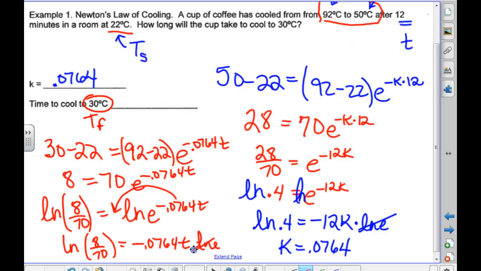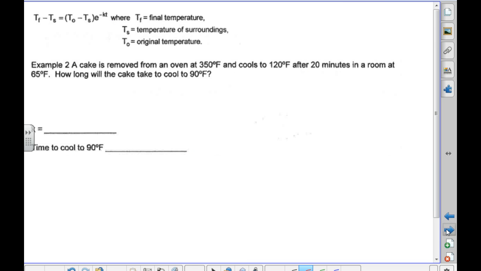Yep, 28 point something, sounds right. Everybody get 28.4 minutes? It is a little bit complicated because you have to find the constant first.